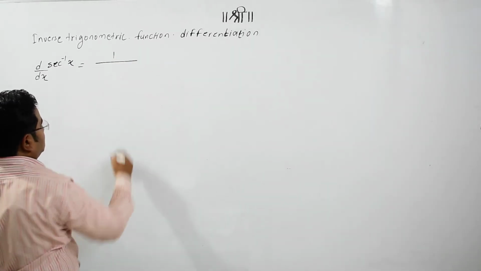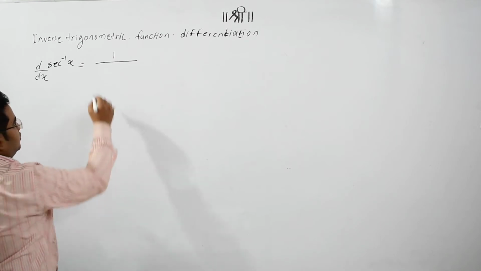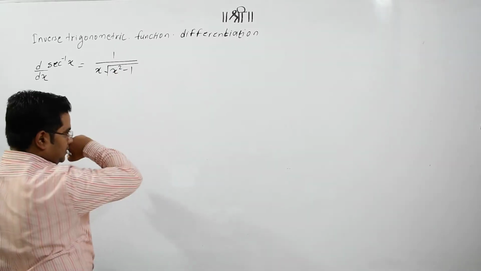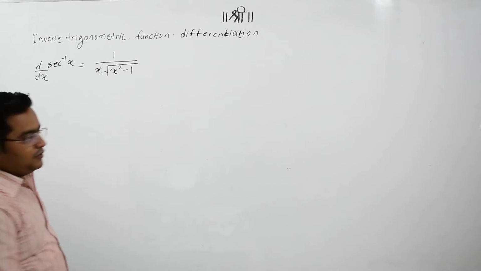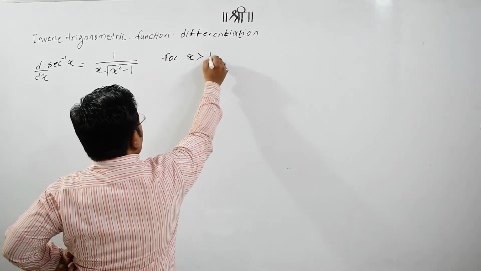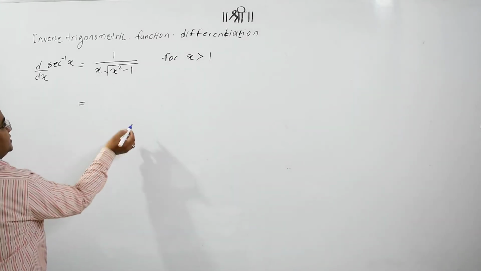So 1 upon x into under root of x square minus 1. Okay, now again, what is the next case? So here we have the value for a particular value of x. What is the particular value of x? For x greater than 1, this is the case. Now what is the next case?